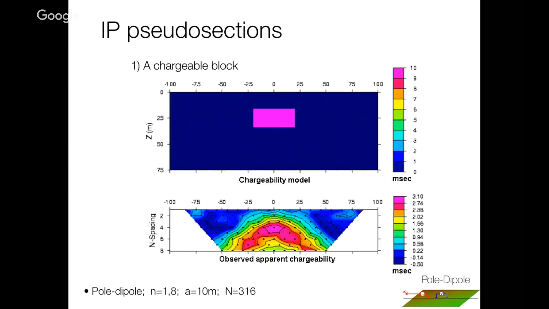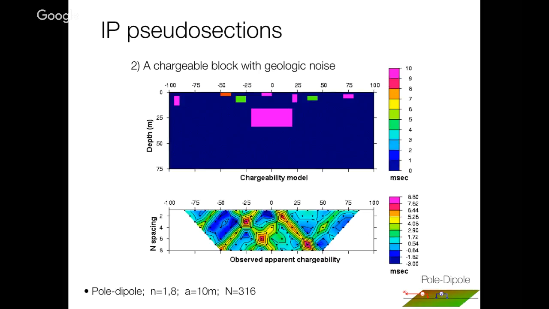That looks pretty similar to what we did before. And again, if we now have other pieces of stuff in here, especially chargeable materials, so maybe it's clays, you've got little bits of graphite that are sitting up here, things that are chargeable. And then look now what that does to your data, to your pseudo section. Again, it screws it up just the same as the DC experiment got screwed up.